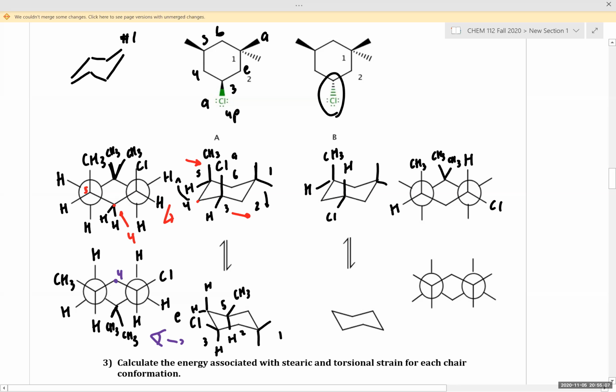Okay, so the only thing that's different in these 2 structures is our chloride. Everything else is the same. So it really is just copying and pasting and flipping the center for the chloride.